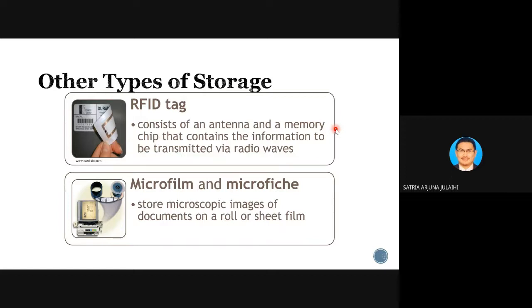We have also seen cloud storage, the advantages and disadvantages, big size storage, and the optical disc, whereby the optical disc uses light technology, and also other types of storage. All right, so that is chapter 4.